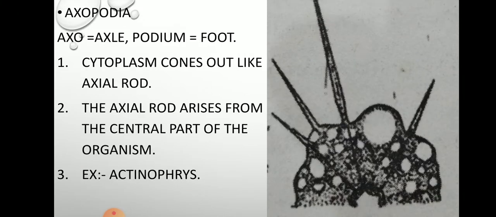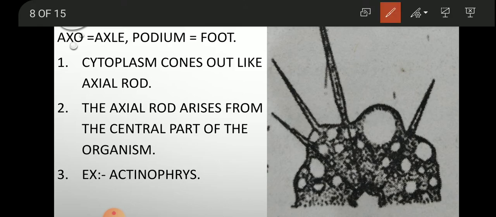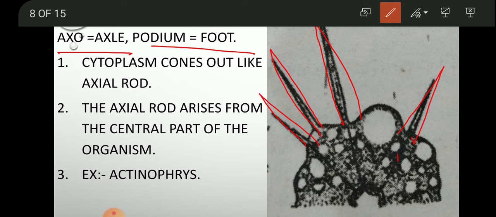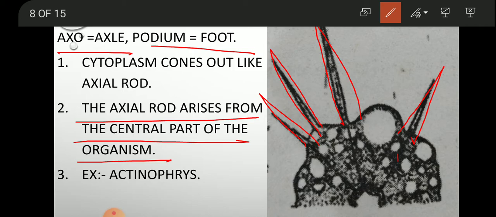The next one is axopodia. The next type of pseudopodia is axopodia. Axo means axle-like structure. Here you can see it forms like axle-like structure. Okay, so the axle arises from the central part of the organism, from here.